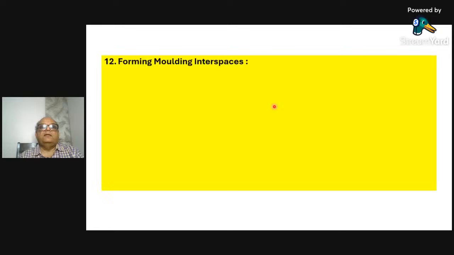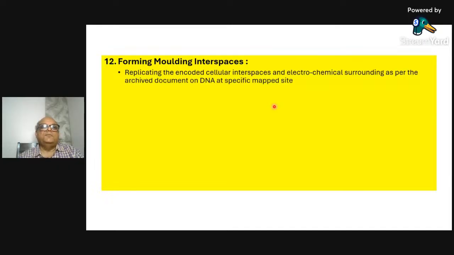Okay. Then, of course, it can encode the space, but it can also form the interspaces. So it can form the mold within which the globules have to be cast when they are born. So it can replicate the encoded cellular interfaces and their electrochemical surrounding as per the archived document on DNA at specified mapped site at specific location.